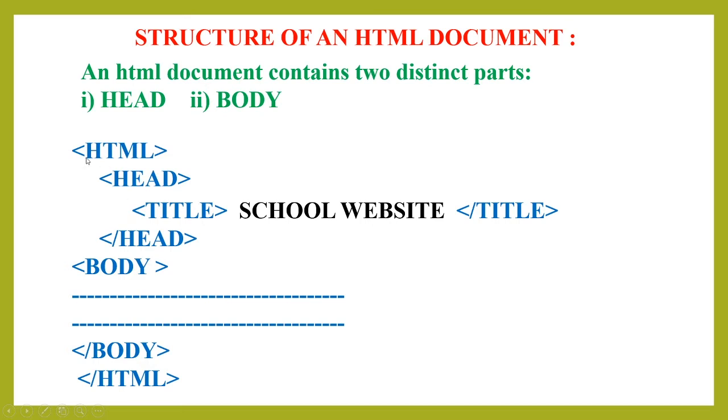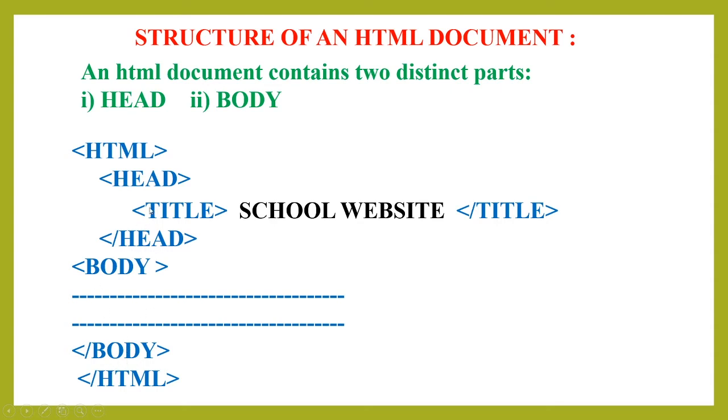The HTML tag identifies the document as an HTML document. As I have already said, this is a container tag, because once you open this tag, at the last we see that the HTML tag has been closed with a forward slash. The entire code to design the web page is written between the opening and closing HTML tag.